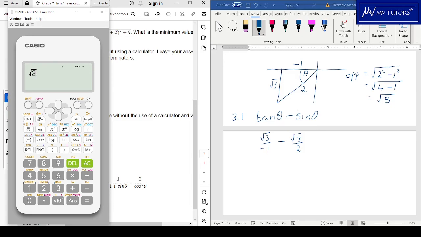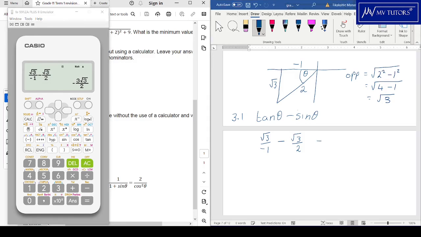Let me actually put it with that -1 exactly as it is. So square root of 3, go downstairs, put that -1, and then you can go to the side, and then you'll say minus, put the fraction again, square root of 3, go downstairs, put it 2.